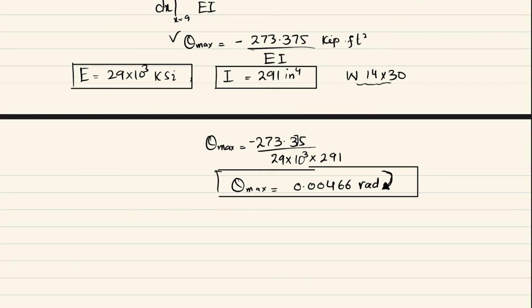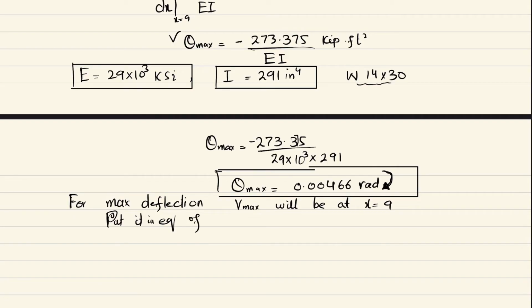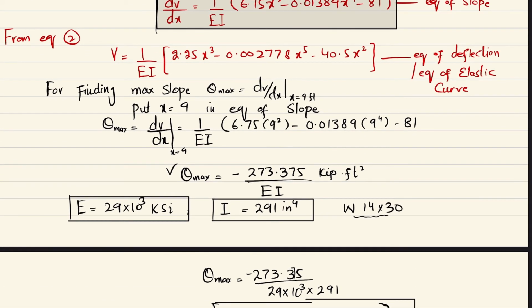Now we'll find the maximum deflection. V max will be at x equal to 9, so put it in the equation of deflection. What is the equation of deflection? You can see this is the equation of deflection.